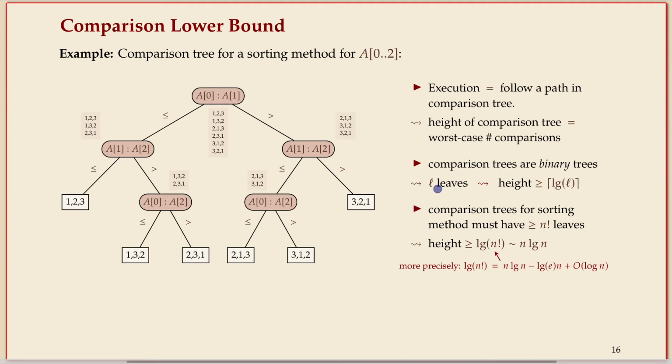Every internal node must have 2 edges, and so the leaves must be attached somewhere. A binary tree always has exactly one more leaf than internal nodes. So the two things are very similar in this sense. So if we have L leaves, we necessarily have a height that's at least log of the number of leaves. That's virtually the same argument as in the last unit.